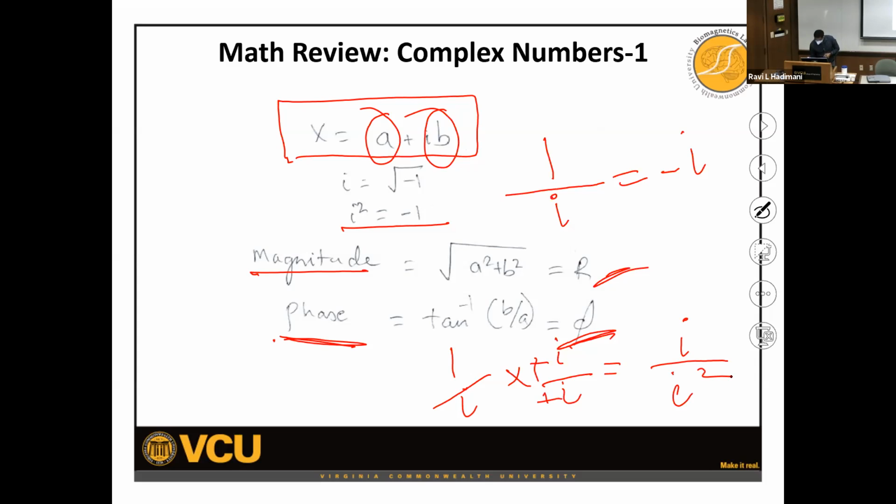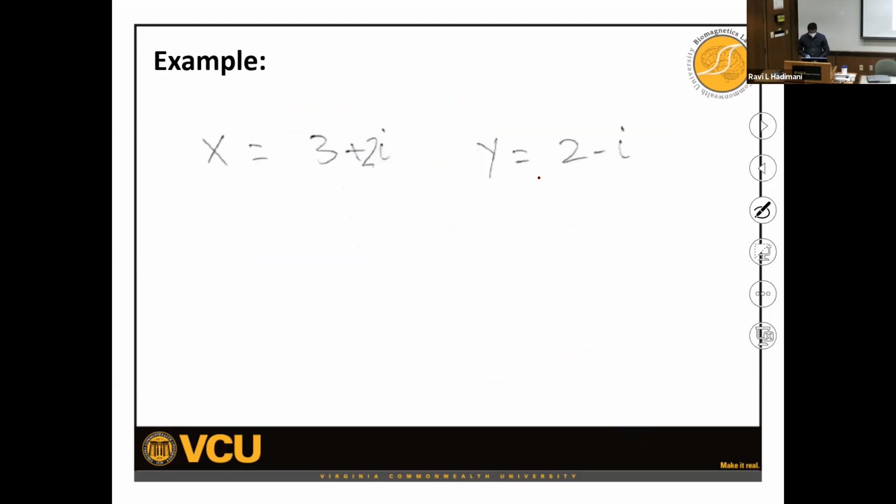Then i square is -1. So i by -1, that is minus i. Okay, so we will use a similar trick when we are dealing with AC components. When we are dealing with a capacitor and inductor, if we have a denominator that we want to get rid of, just like here, we'll multiply, okay?